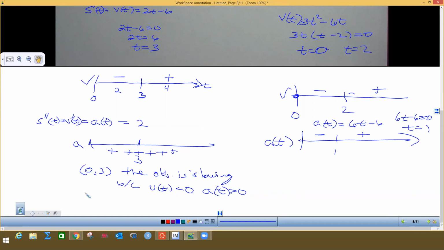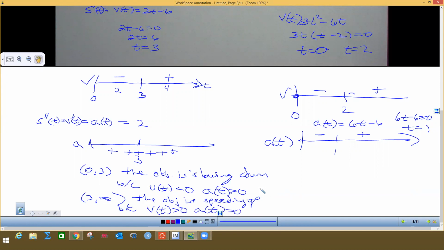And then from 3 to infinity, the object is speeding up, because you look up here to the right of 3, v of t is greater than 0 and a of t is greater than 0.